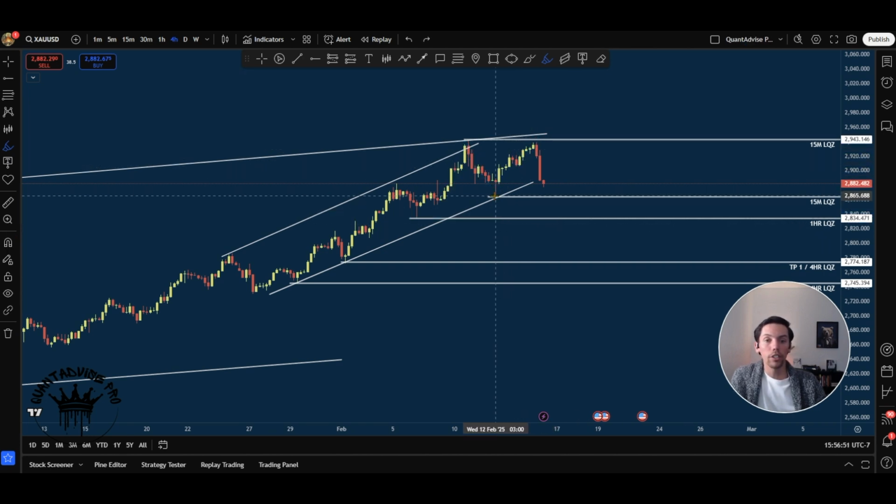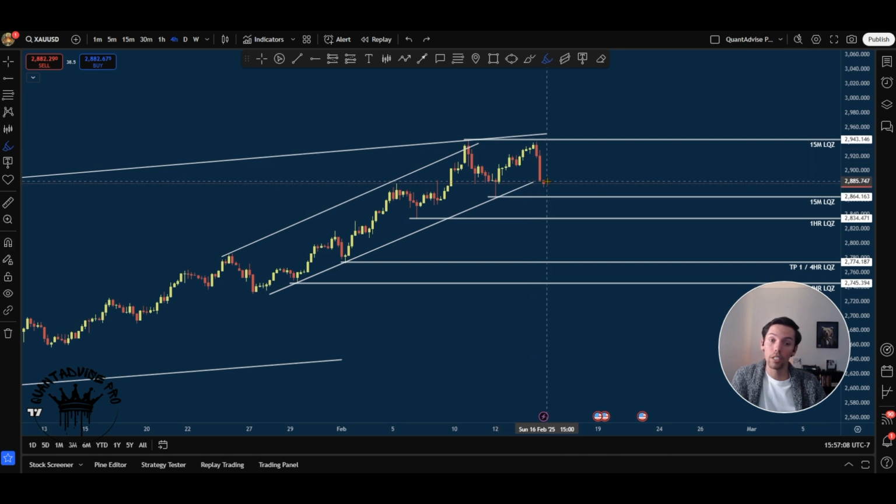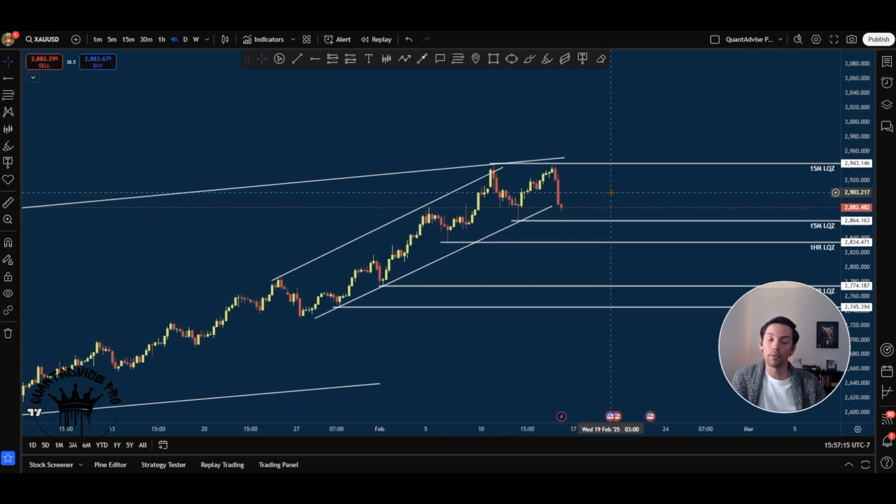Now, same thing here. This one's not quite one just yet because we haven't gotten a break of this. So this will be an area where I want to see if it grabs, then pushes up, gives us a flag like so, before continuing higher. But if it doesn't grab it for whatever reason and then just continues higher, then this now becomes the liquid zone as well. So that's just a quick little insight of how I'm finding those.